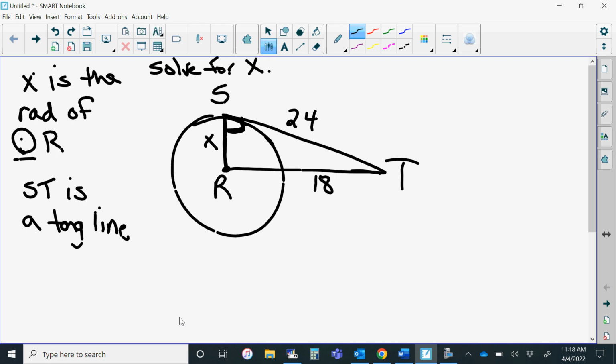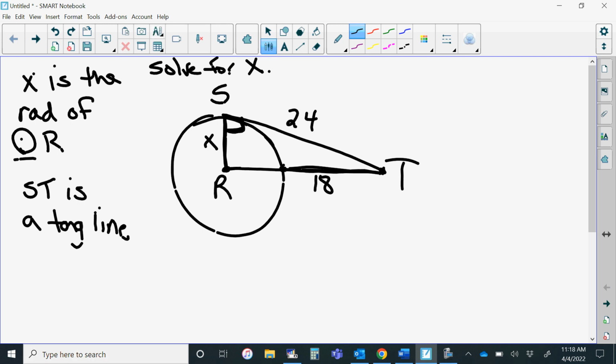Why did you put a question mark on that 18? You said it with your voice. You said a question mark. You're like, equals 18? Wait, something doesn't seem right there. Because the hypotenuse is supposed to be the what? The biggest. So when they drew that diagram, they were trying to say this is 18.